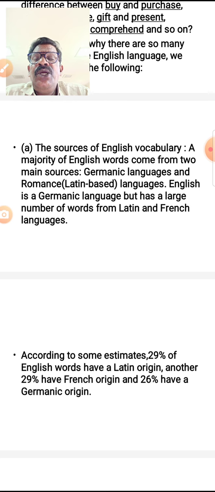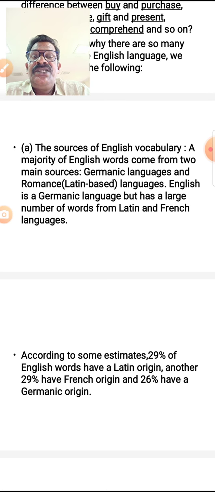A majority of English words come from two main sources. So, the words which are possessed by English language came from two main sources. What are they? They are Germanic languages and Romance languages.